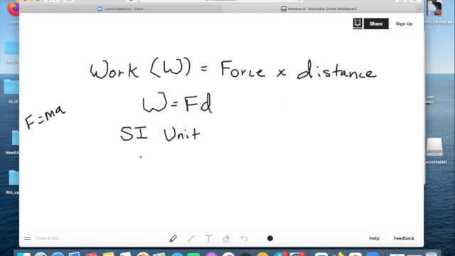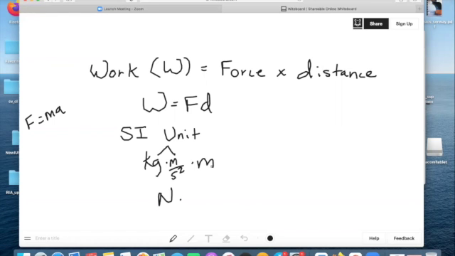So let's say first we do force, which is kilograms times meters per second squared. And then we do distance. We know distance is the length between 2 points, which is going to be in meters. All right. So if we were to put all of this together, we can combine kilograms and meters per second squared into a Newton.